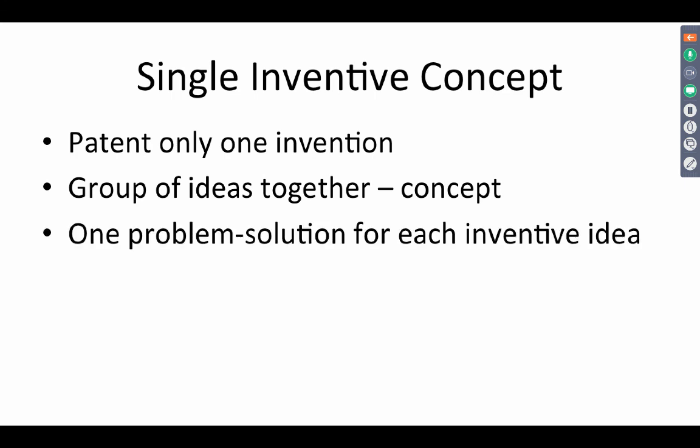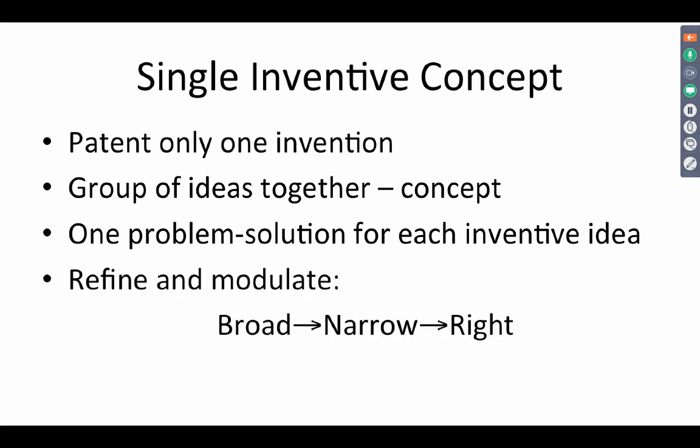So for each inventive idea, you will employ the problem solution approach, which means a problem solution should relate to one invention. If there are multiple inventions, you would be filing multiple patents.